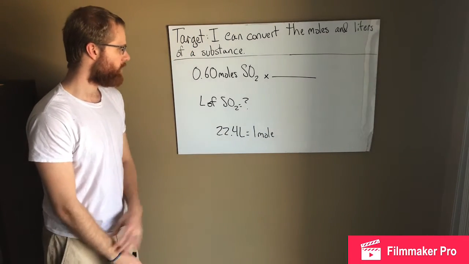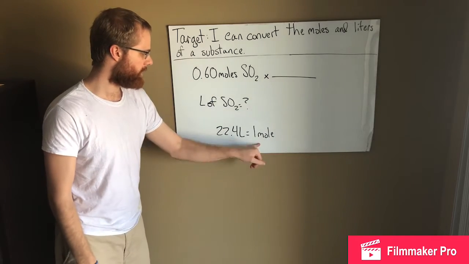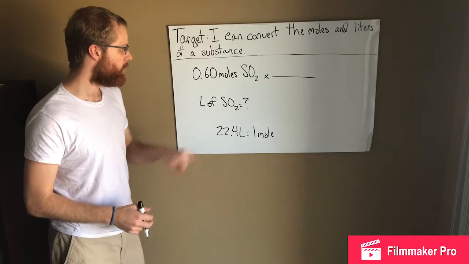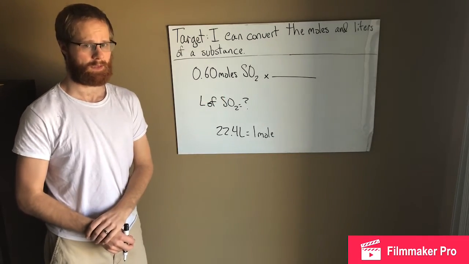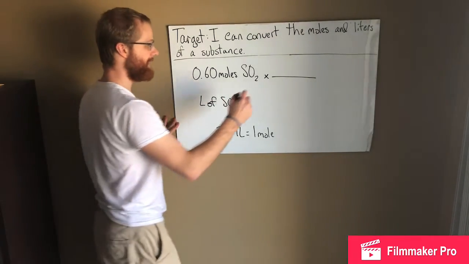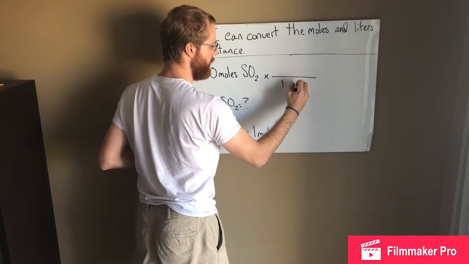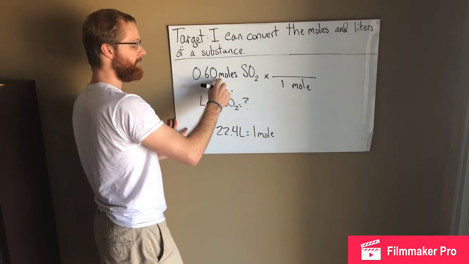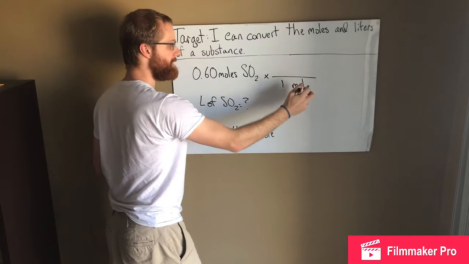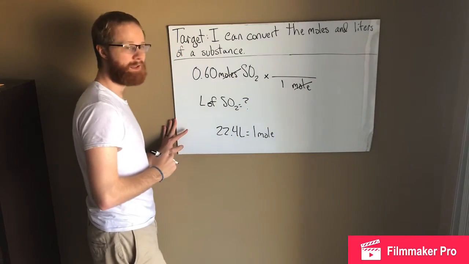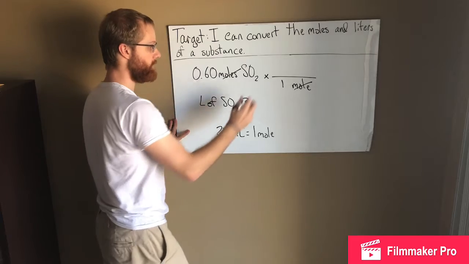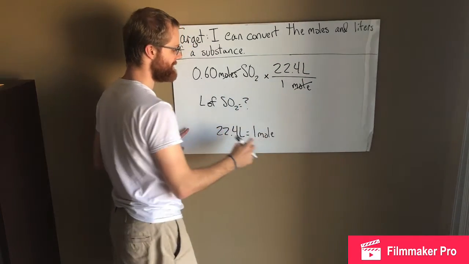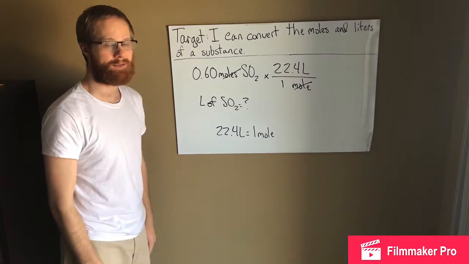All right, so which number is going to go on the top and which number is going to go on the bottom? Well, we need our moles to cancel out. So that means that I need to divide by 1 mole. After all, if I take moles divided by itself, my moles will cancel out. My 22.4 liters will go on the top, because I need my final units to be liters.